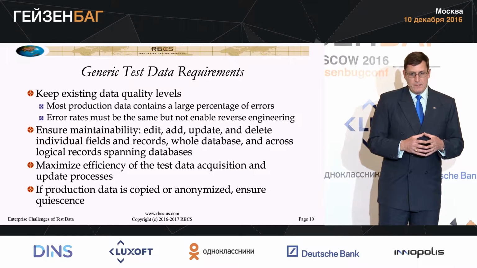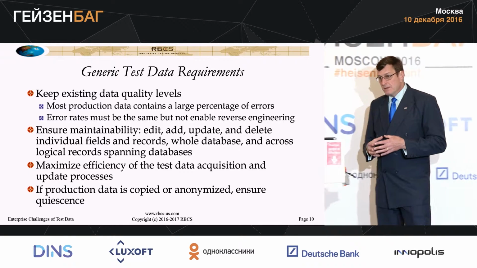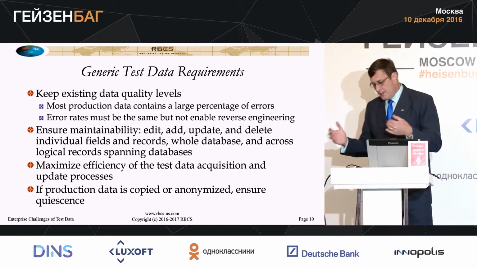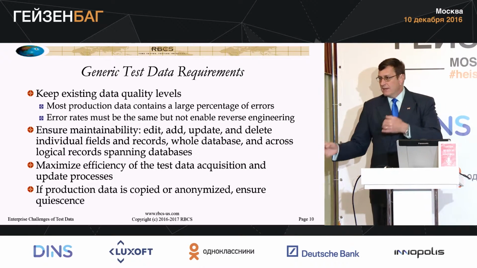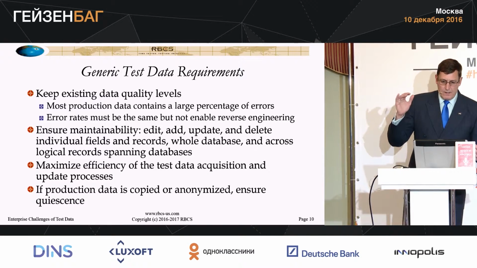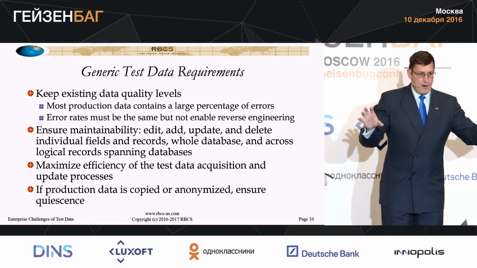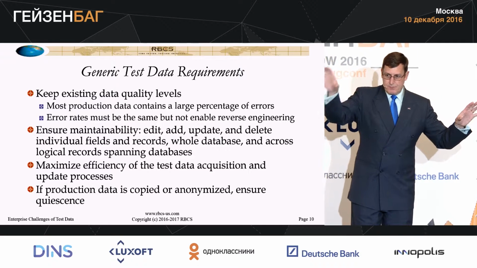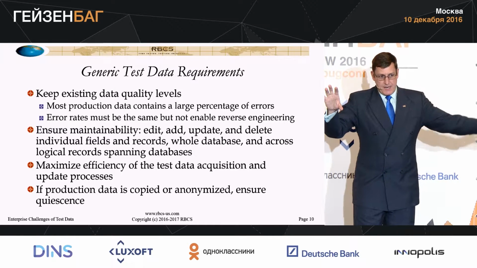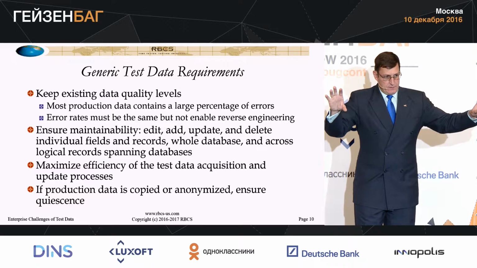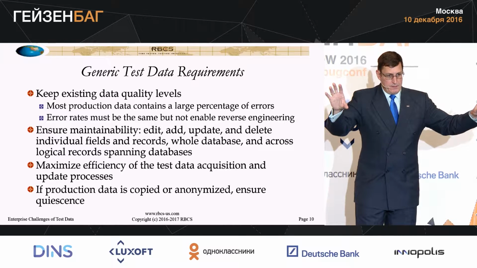Okay? And that can be a problem when you're copying the data to anonymize it. So for example, let's say I have a consistency requirement in terms of the customer table and the sales table in my app.